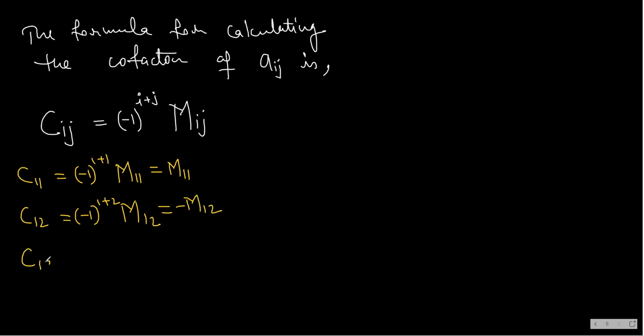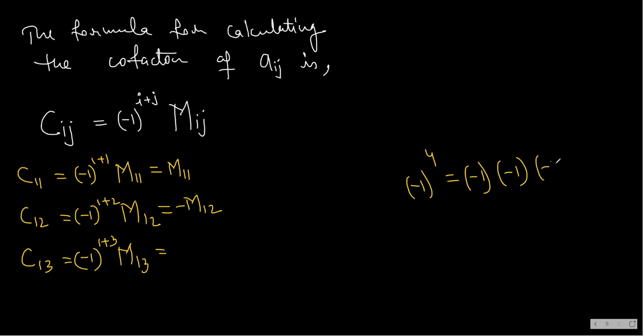Then C13. What will be C13? Cofactor of element A13. It will be minus 1 raised to 1 plus 3 into M13. Now see, minus 1 raised to 4 is minus 1 multiplied four times. 4 is an even number, so I get pairs of minus 1.